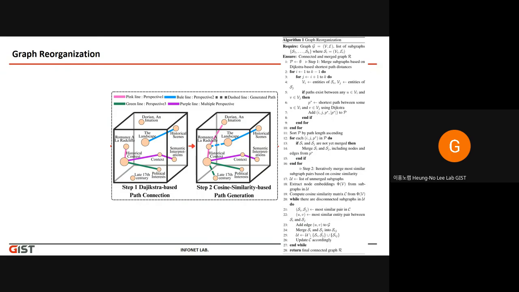We use node embeddings to find the most similar node pair across the disconnected subgraphs, then add a new edge between them and merge the subgraphs. In the end, we get one connected graph per perspective, and across M perspectives, we obtain M connected graphs. This reorganized graph makes it much easier for the LLM to perform coherent multi-hop reasoning from multiple angles.